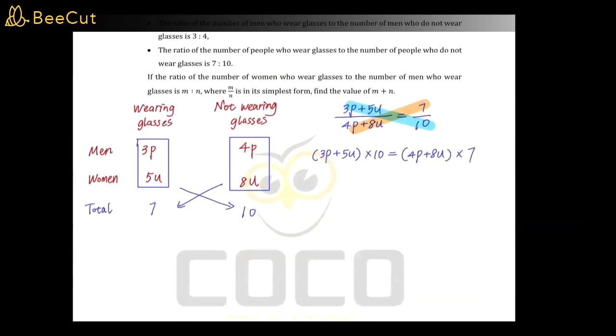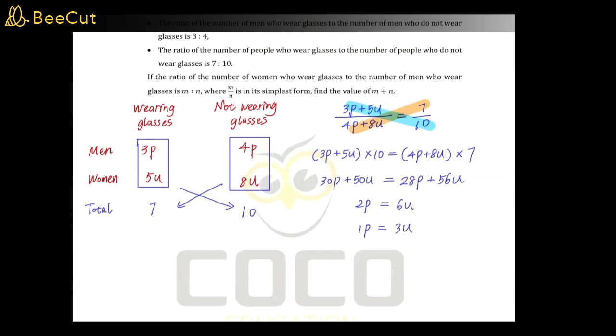Let's simplify it. 30P plus 50U equals 28P plus 56U. So 30 minus 28, 2P. 56 minus 50, this is 6U. Then simplified, we get 1P equals 3 units.